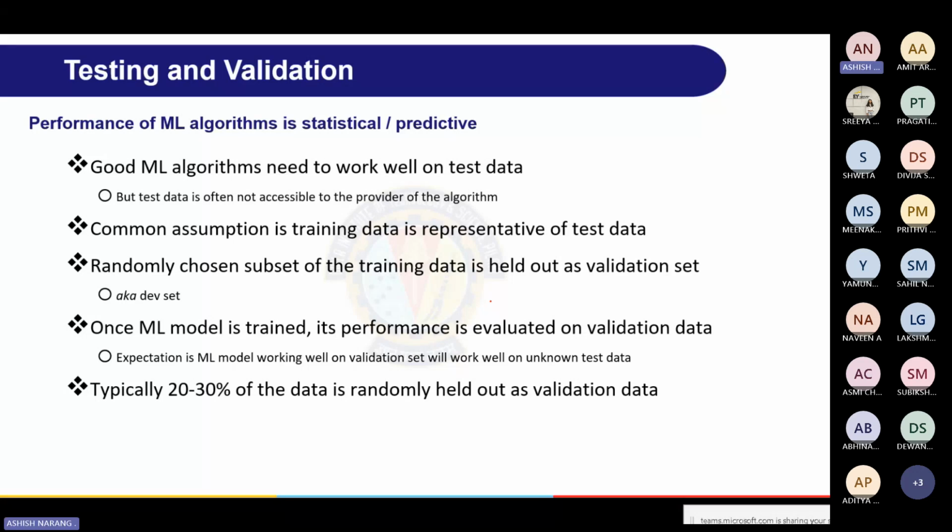From the training set, the model will learn the parameters, right? After training, the model is tested on the validation set first. If the model performs well on the validation data, we expect it to perform well on the test data also, right?